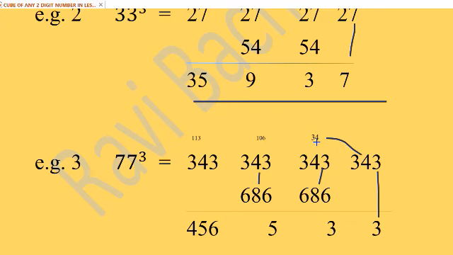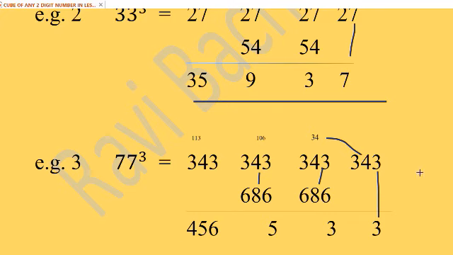So 34 plus 343 plus 686, if you do it quickly, you will see 1063 is the answer. And once you write 3 here, taking 106 carried forward, and now 106 plus 343 plus 686, and that will be 1135. So 5 here and 113 carried forward, and 113 added to 343 will give you 456.